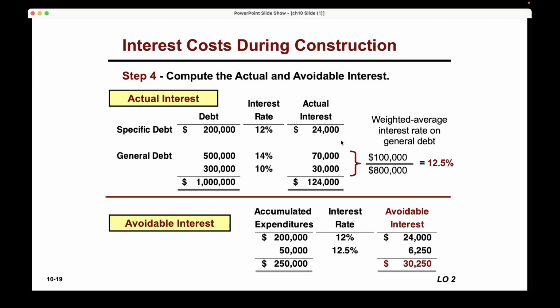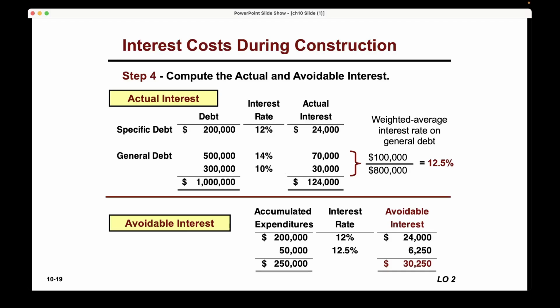In addition to the specific loan, the company has general debt here. We have, if I'm not mistaken, the bonds payable and notes payable. A 500,000 bond at 14%, and 300,000 notes payable at 10%.